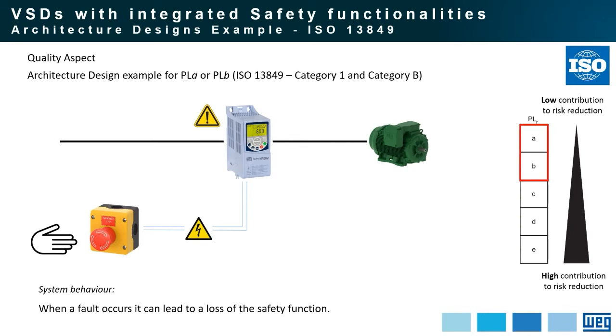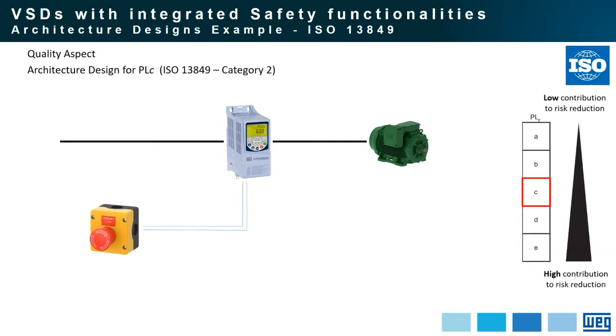But in the end, this is not a big issue to comply with performance level A or B. In the end, this is approved by performance level A and B. And why? Remember that performance level A and B is the level that does not cause operator injuries. And so if a problem happens with the system, it will not cause any big problem.